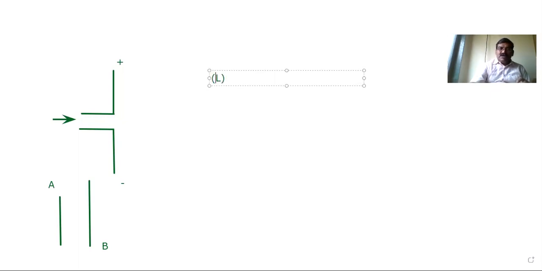Because I do not have the annotation, I cannot use the lambda symbol, so I will use LAM instead, no problem. Okay, so lambda. Now, what is the significance of this lambda?